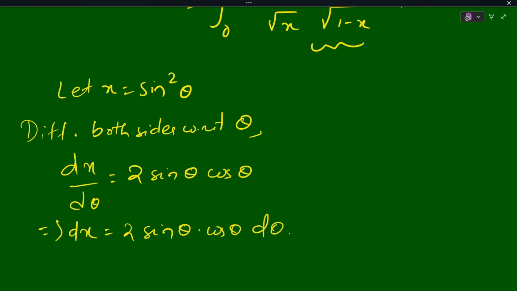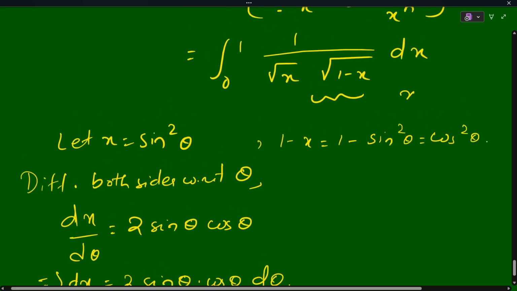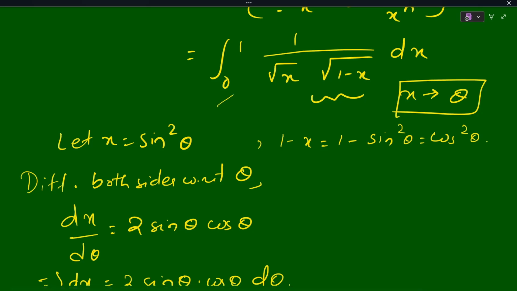Then x is sine square theta, so next I want to find 1 minus x, so it would be 1 minus sine square theta, so it is cos square theta. Then next, I am changing this integration from x to theta, so the limits will also be changed. So when x is 0, at that time theta would be, let's place these values here.